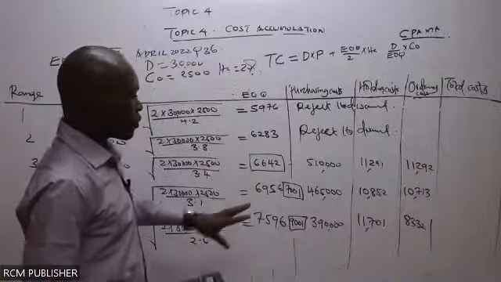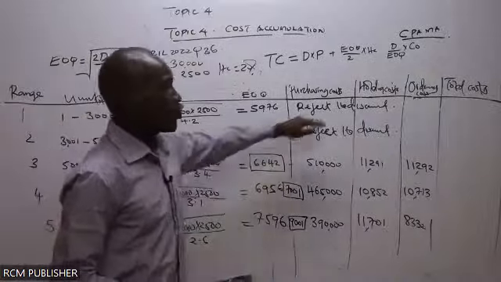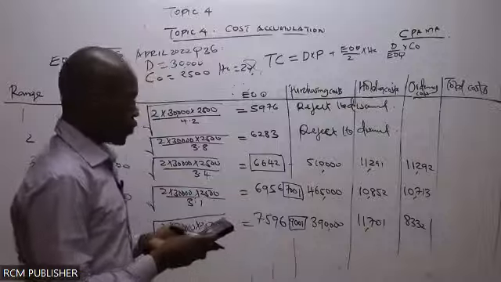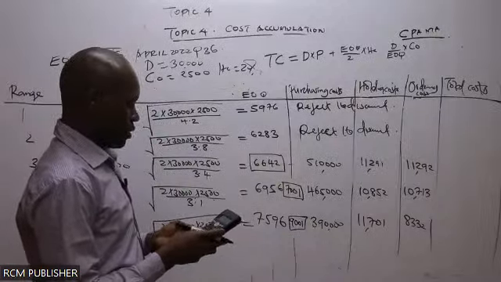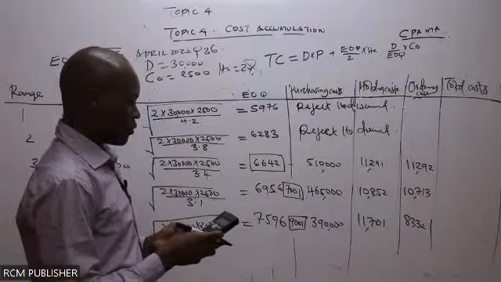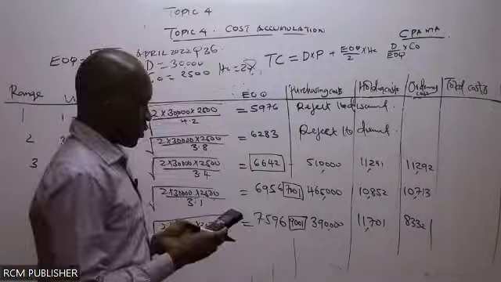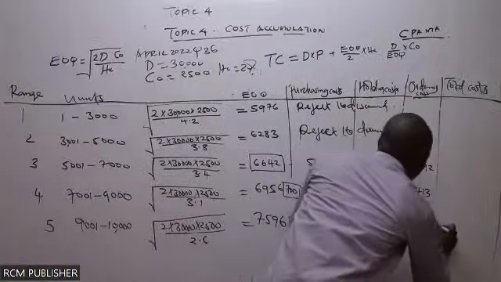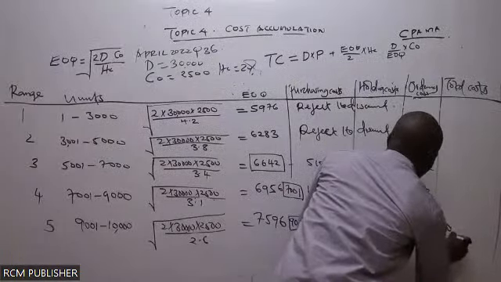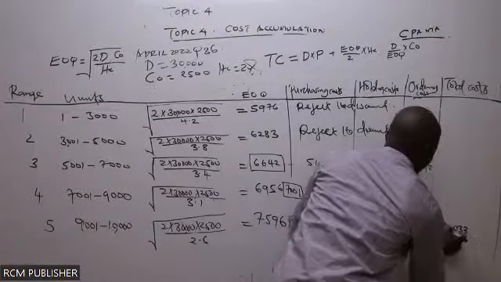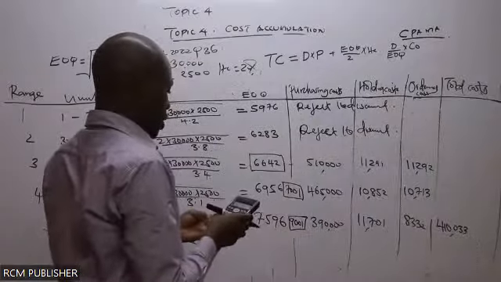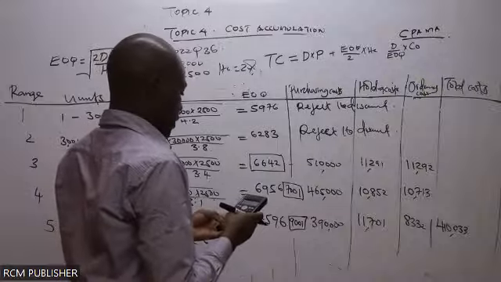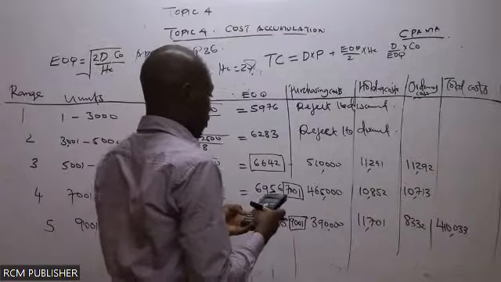Now, once I have that, get the total costs. So the total cost will be 11,701 plus 390, that is 410,033. I come here, 465,000 plus 10,852 plus 10,713.